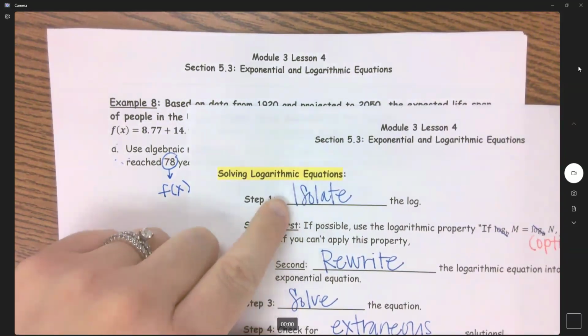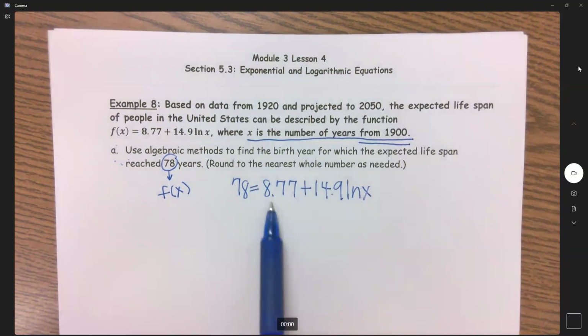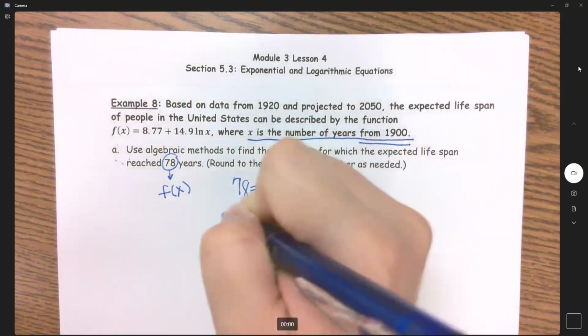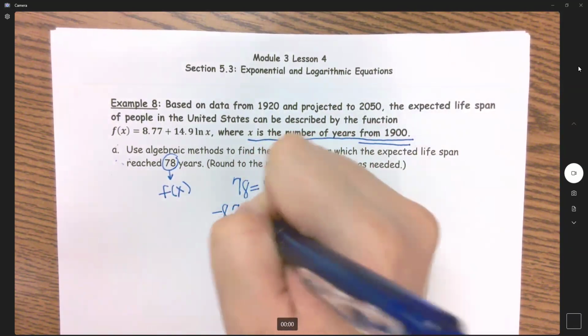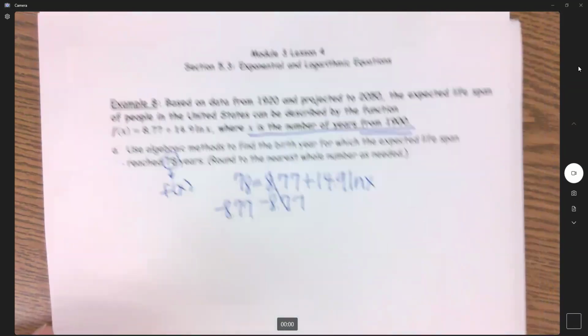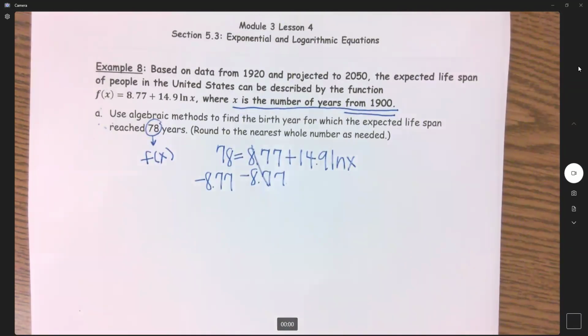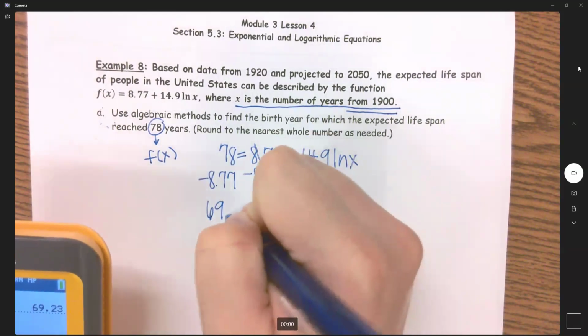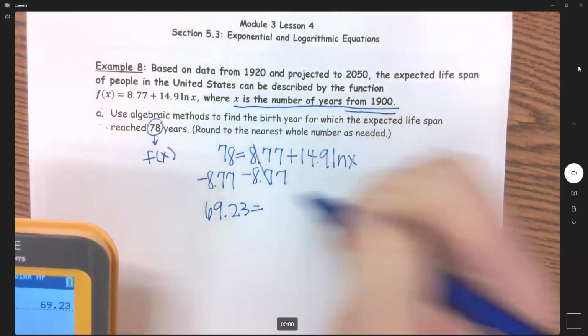First, we need to isolate the log. So I need to subtract this 877 over. We get 69.23.